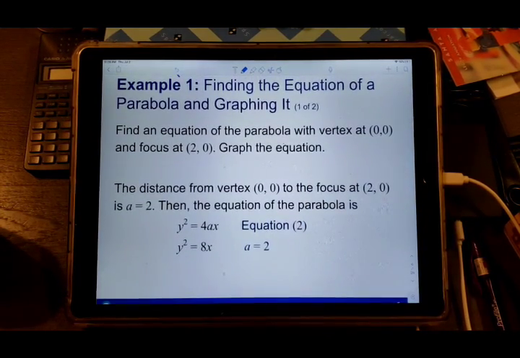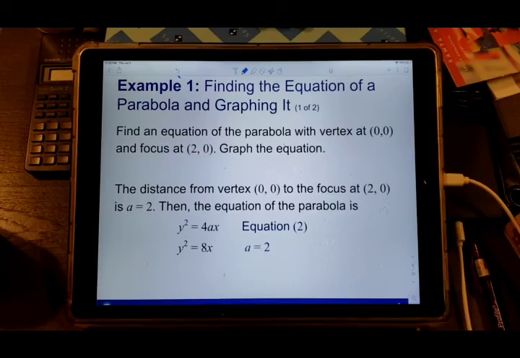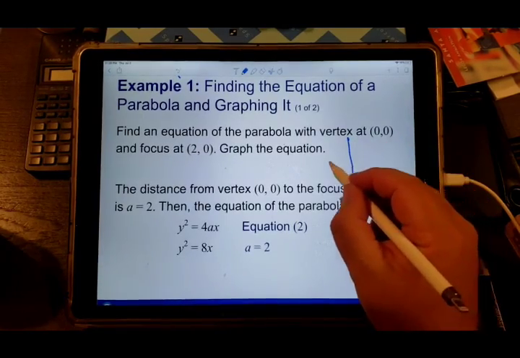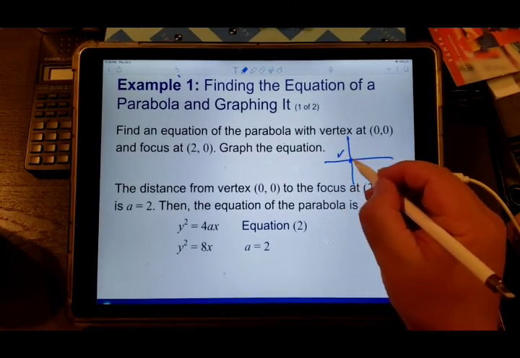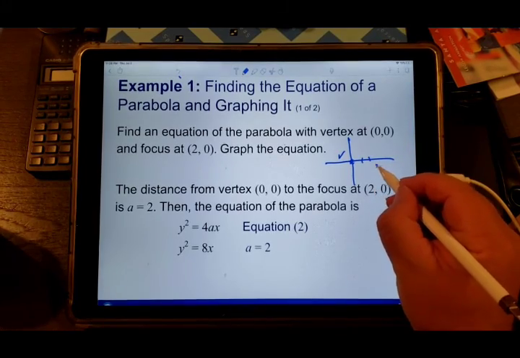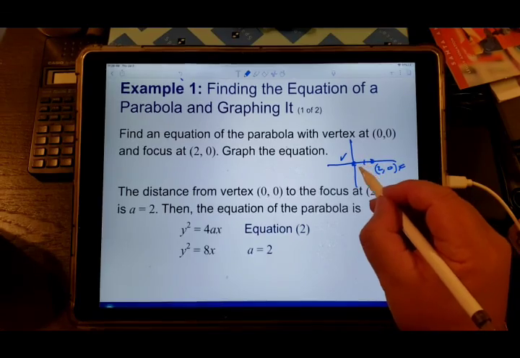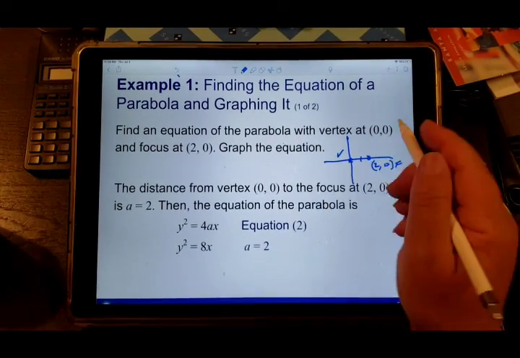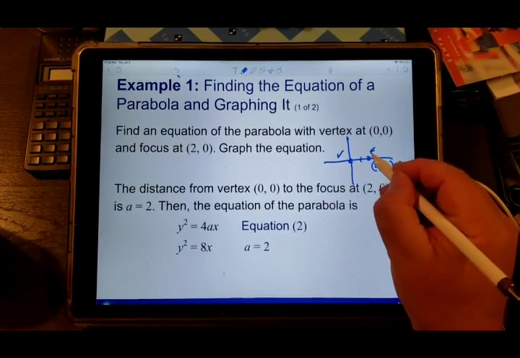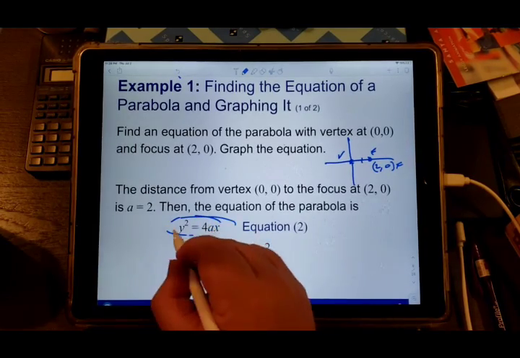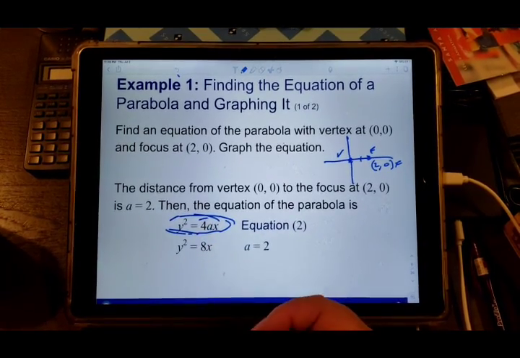All right, so they give us this idea in reverse. They say, okay, you've got this vertex at 0, 0. You've got this point 2, 0, which is the focus. So instantly we know A is the distance between the vertex and the focus. So this is the equation that we would use.